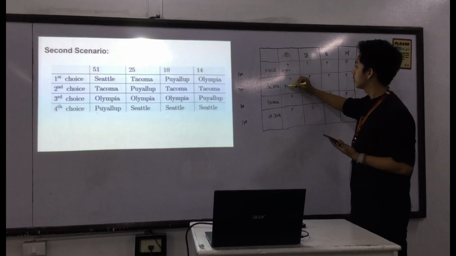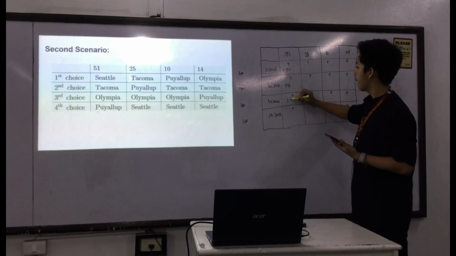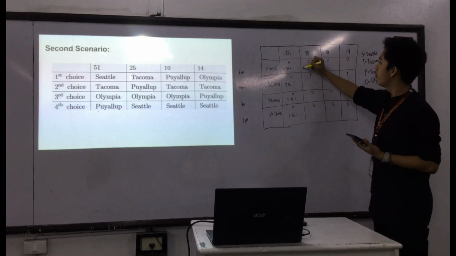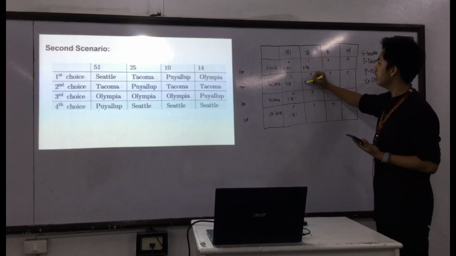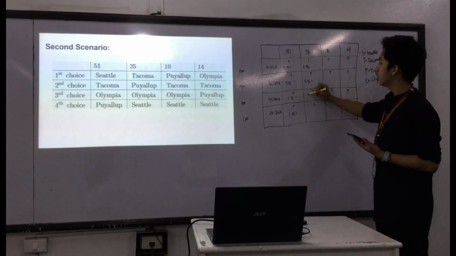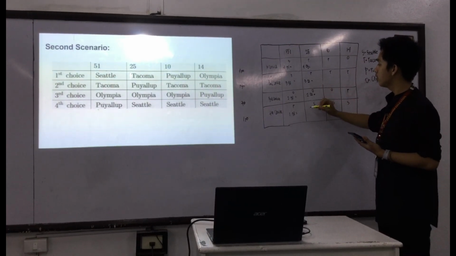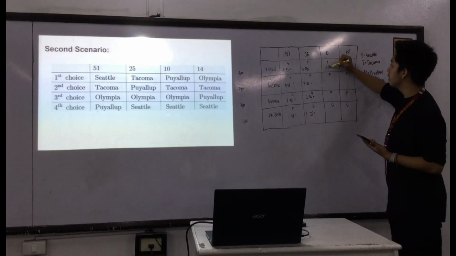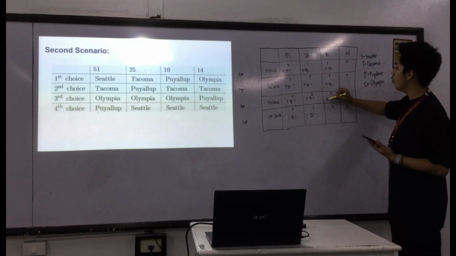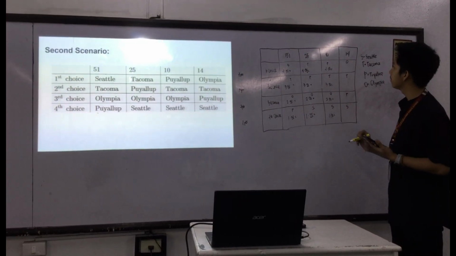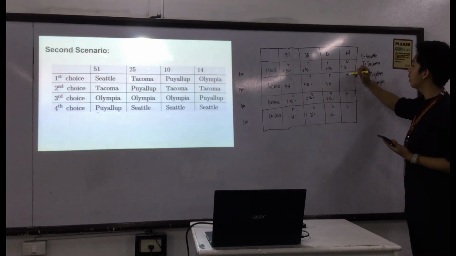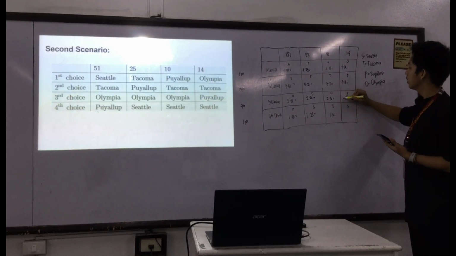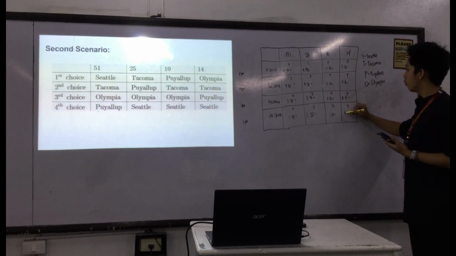Second choice, 51 is equal. 4 points times 25 is equal, 3 points times 25 is equal, 2 points times 25 is equal, 1 point times 25 is equal, then 4 points times 10 is equal, 3 points times 10 is equal, 2 points times 10 is equal, 1 point times 10 is equal. 4 points times 14 is equal, 3 points times 14 is equal, 2 points times 14 is equal, then 1 point times 14 is equal.